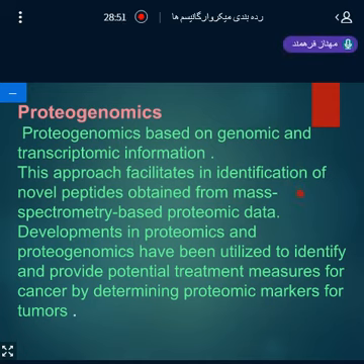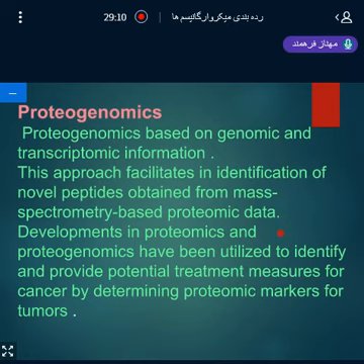So this approach facilitates the identification of novel peptides, and that is very good for us for discovering and finding new and novel proteins or peptides or new enzymes. We can do this with a spectrometry technique.